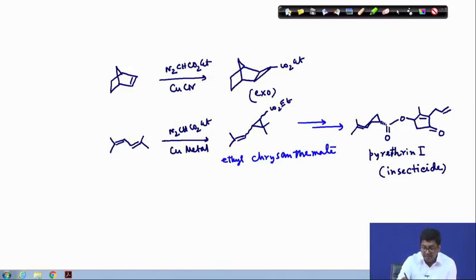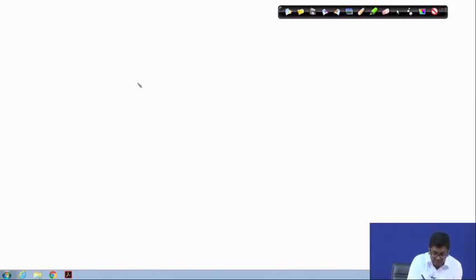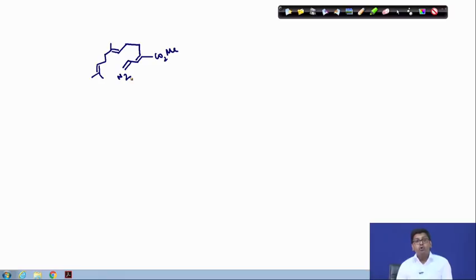In another example, we will see that the molecule contains the corresponding diazo part and the olefin part, both in one molecule. So, they are methyl, methyl, methyl. In this case, what will happen?